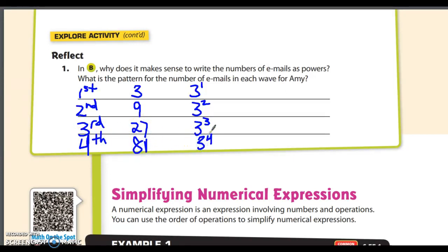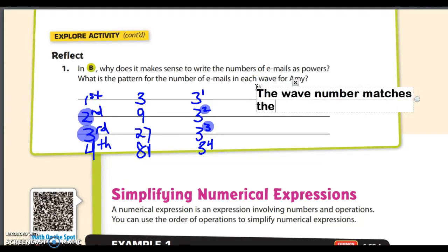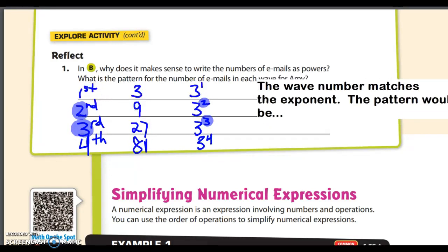So let's go ahead and answer the question. Why does it make sense to write the number of emails as powers? Well, do you notice here that this 2 matches this 2, and this 3 matches this 3? So we're going to write a couple things here. One is the wave number matches the exponent, and the pattern would be, we already kind of wrote it, and I'm going to handwrite it because I can't type this in.